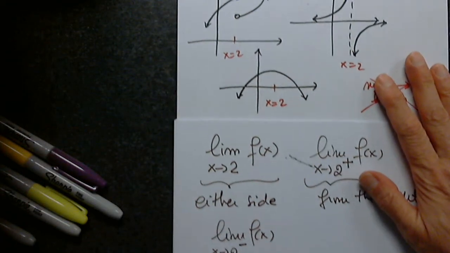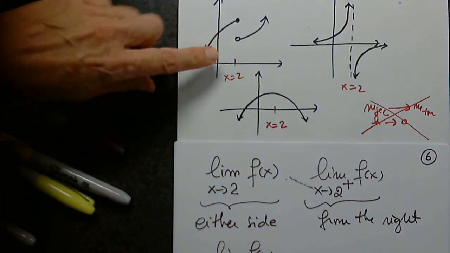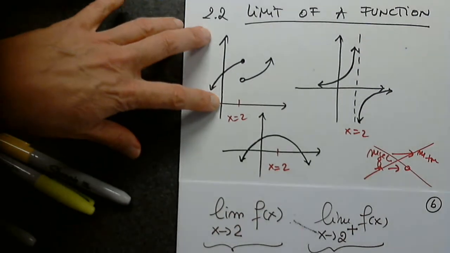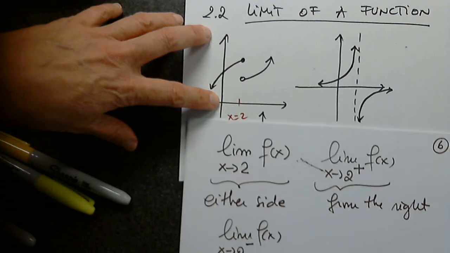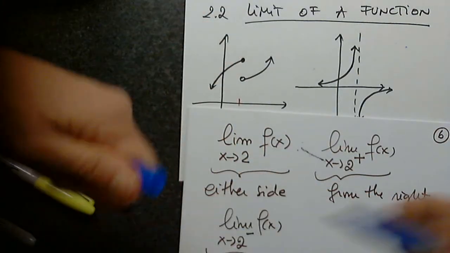So let's come back to these three graphs first of all and identify what's happening there. Looking at this graph, if I ask you what is the limit of this function f of x? These all are f of x.